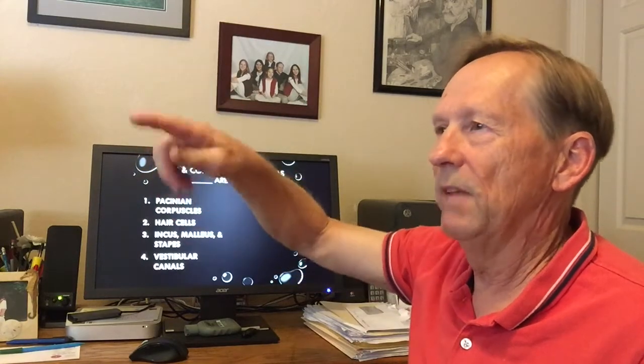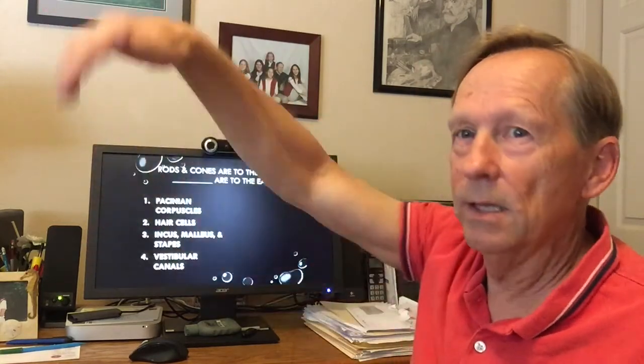So what happens is sound waves come in, they vibrate the eardrum. The eardrum then vibrates the bones of the middle ear, and the bones in the middle ear vibrate the round window of the cochlea, and that vibrates the fluid that's in the cochlea.